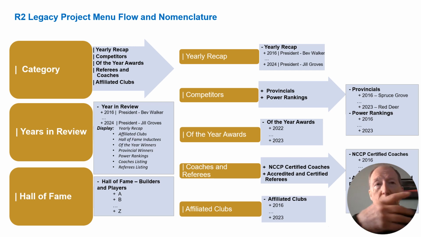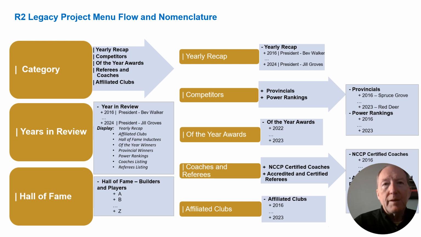You'll see if you move across to years in review, that's going to be by year, and that's a complete year in review. What we're going to display, if you click on years in review, is it'll list all the years. So let's say you clicked on 2022.